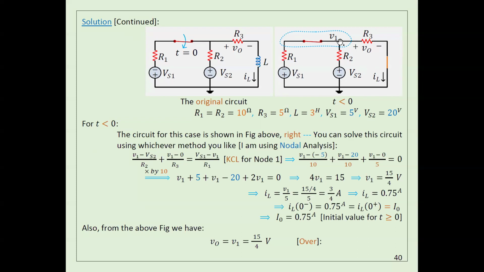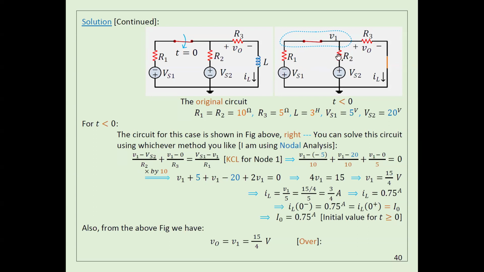I'm going to call this node V1. If you apply Kirchhoff's current law here, I already know the voltage here and I know R1. I don't know V1. So for this current, I'm going to have only one unknown, which is V1.